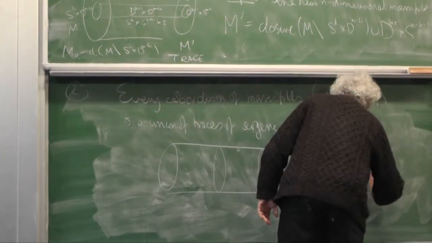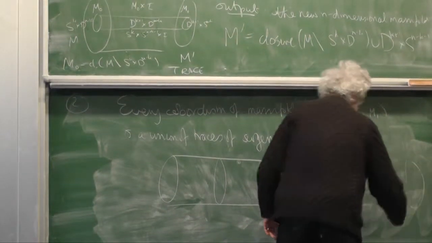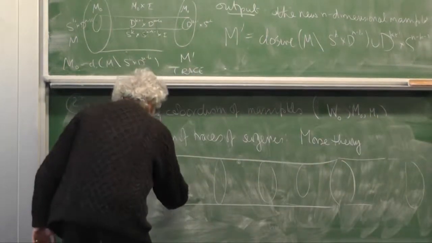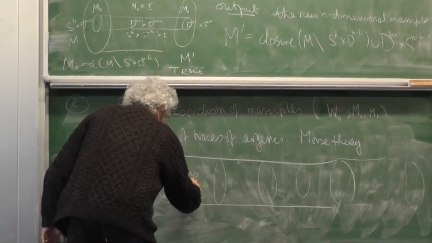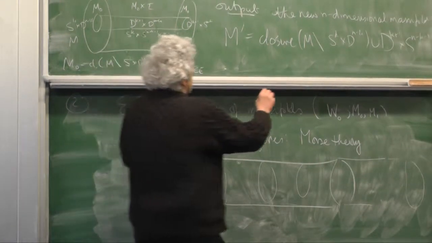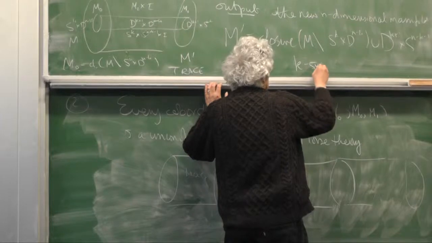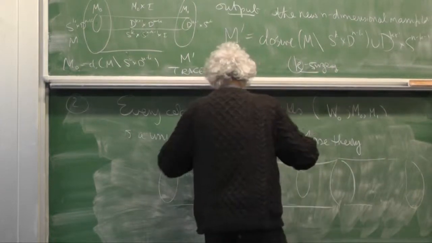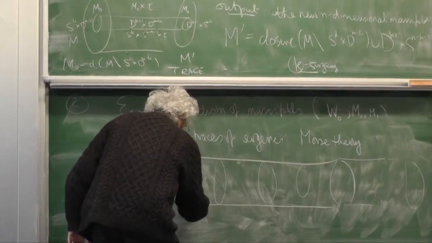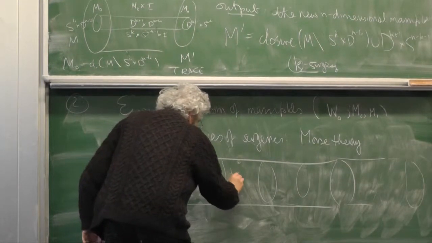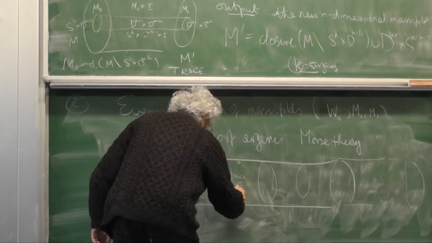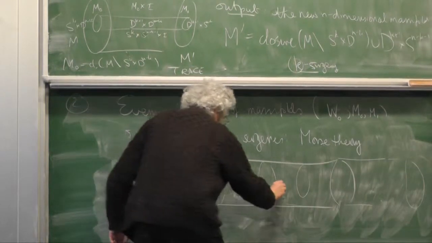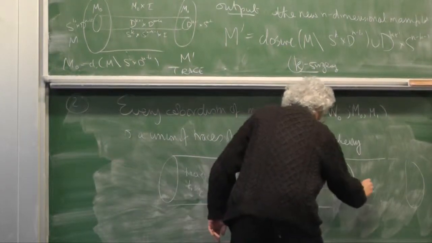It's a bit like a theory of compactness. So this is the trace of, so this is actually called a K surgery, same K, of course. So this is going to be K0 surgery, trace of K1 surgery, K2, and so on.